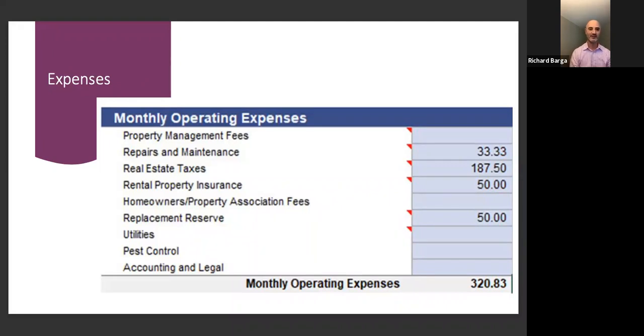Who's paying for that? If you have to pay a property manager and staff to come work at your building, are you making monthly repairs and maintenance to different units in your building? You always have to pay your property taxes, and that goes as an expense that you are paying. All of these little expenses that are listed here are costs that you pay, and they get lumped together in the second part of the pro forma.